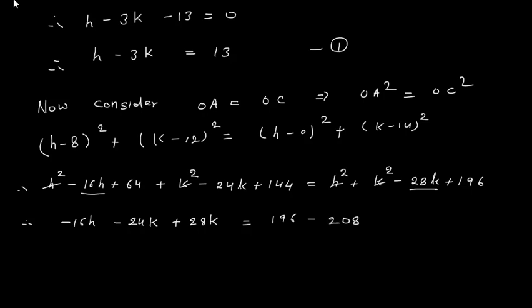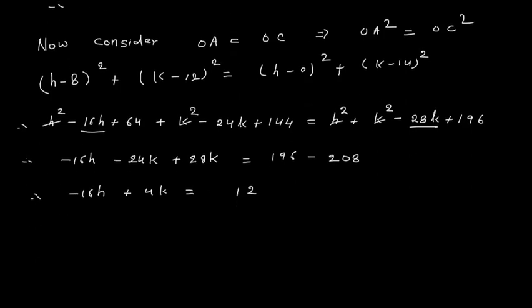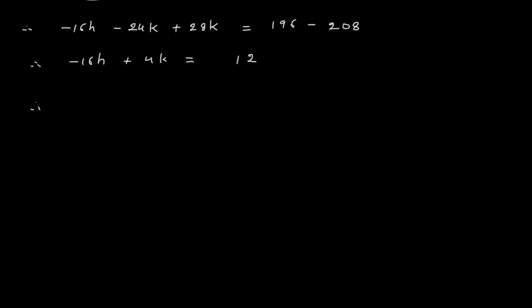So minus 16h plus 4k is equal to minus 12. So 4 we can take common. It is minus 4h plus k is equal to minus 3.